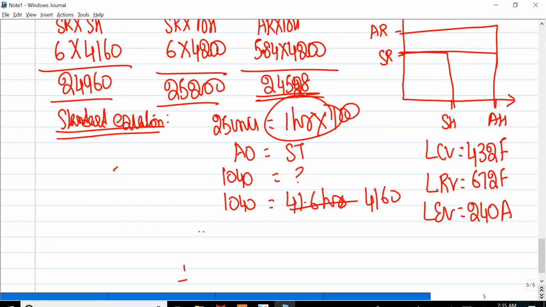Any doubts in this? Always SH will become an issue in most of the questions. SH will continue to be an issue in most of the questions.